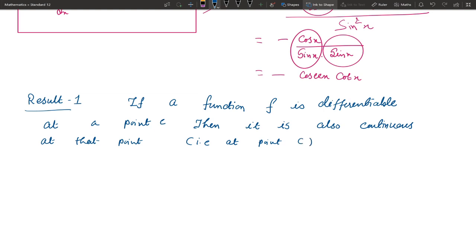So in short, you can say that every differentiable function is continuous.